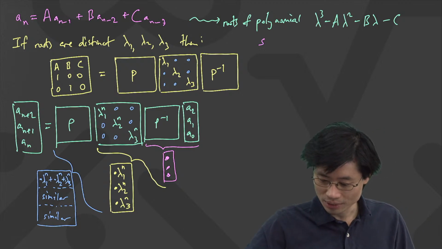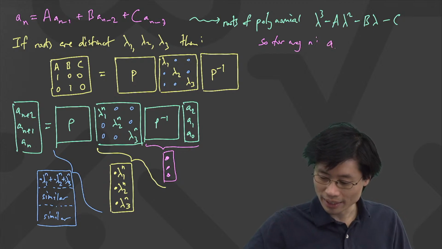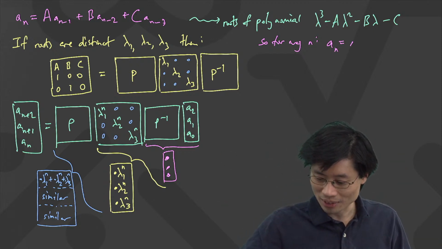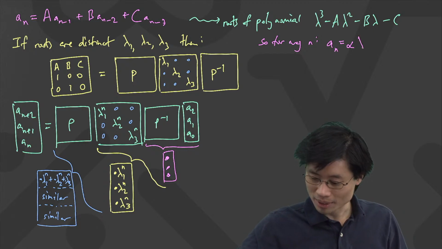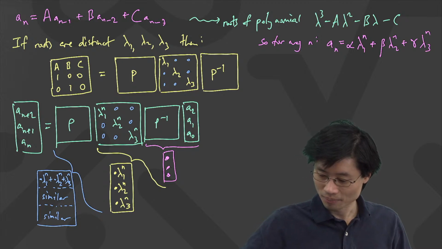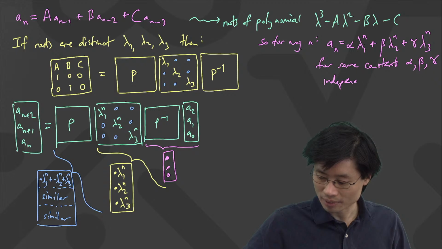For any n, an is equal to some blob, which we can now call alpha: alpha times lambda 1 to the n plus beta times lambda 2 to the n plus gamma times lambda 3 to the n, for some constants alpha, beta, gamma independent of n.